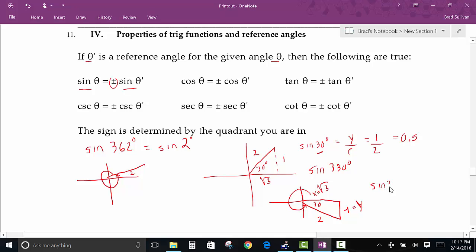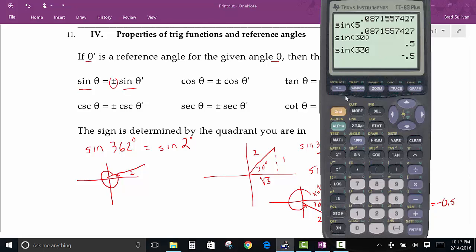So the sine of 330 degrees is y over r again, but this time it's negative 1 over 2, or negative 0.5. So what the calculator just showed you is that 30 degrees and 330 degrees have equal reference angles, but since they're in different quadrants, the sine turned out to have the same numerical value but a different sign. That's what I was trying to show you on that calculator.